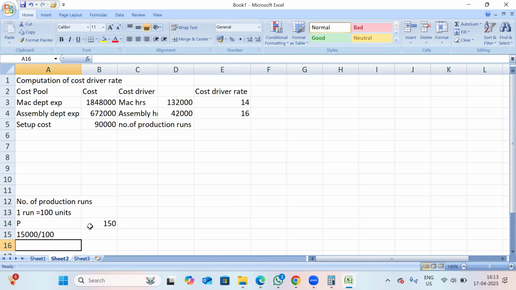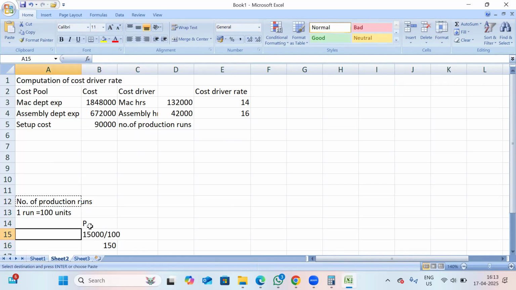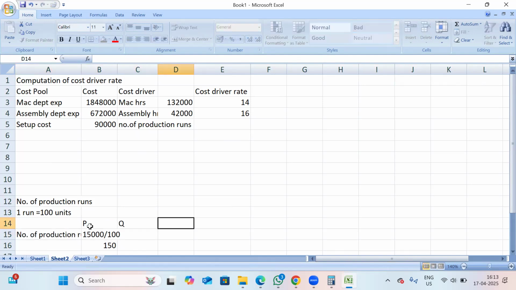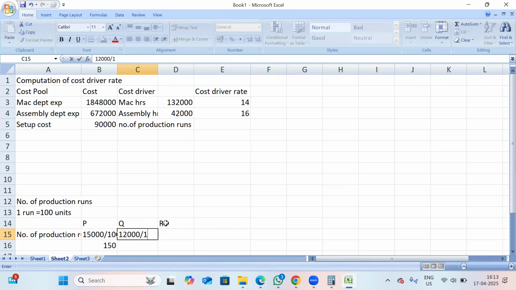So for Q, how many units we produce? 12,000. So 12,000 divided by 100, so 120.